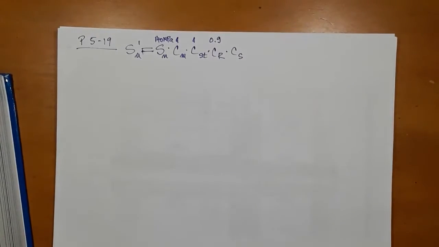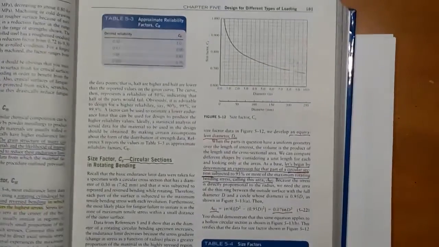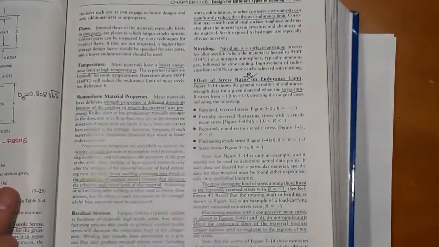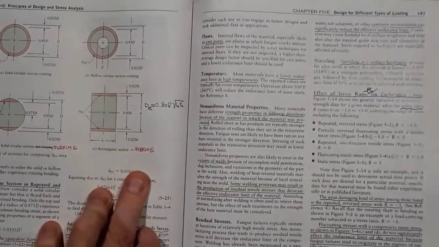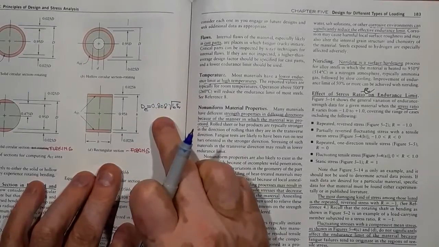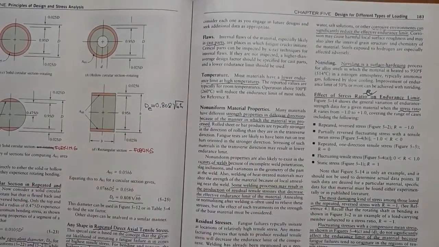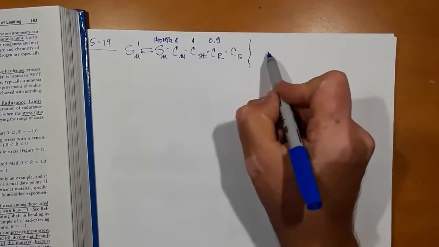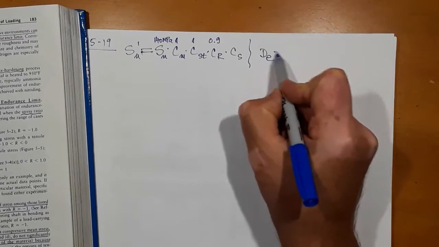And then size factor. Now size factor, this is not a round bar in reverse bending, but rather a rectangular section that is flexed. So the equivalent diameter, we calculated equivalent diameter.